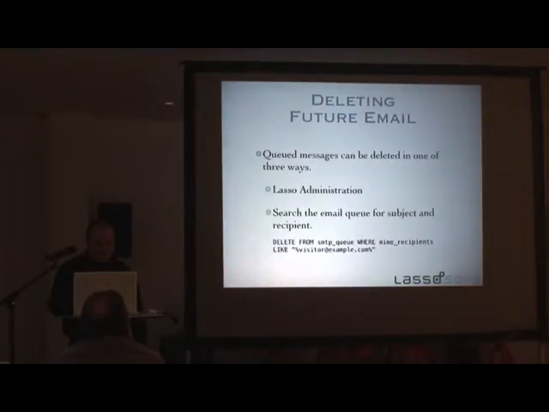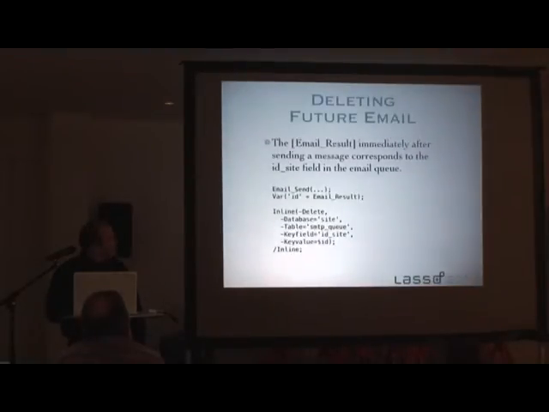And then if you need something a little more targeted, email result will give you back a unique kind of token that identifies a particular email message, and you call it immediately after email sent. Then you can store that, like in a database or something, and later on you can delete the message explicitly.